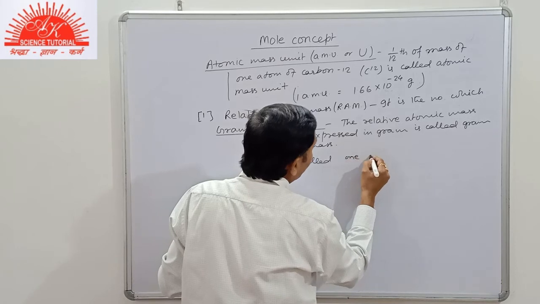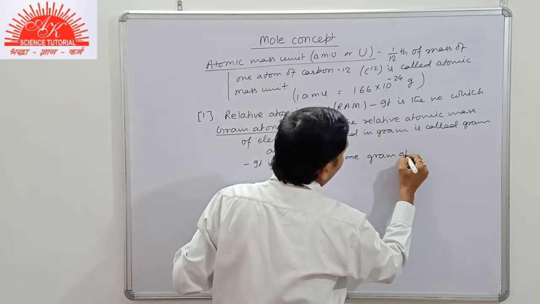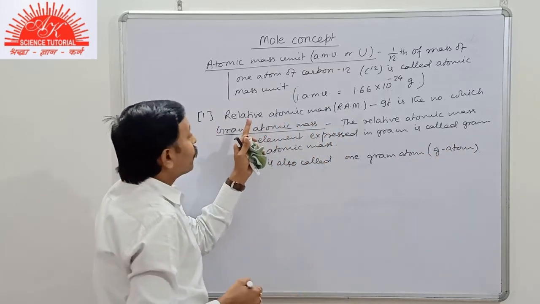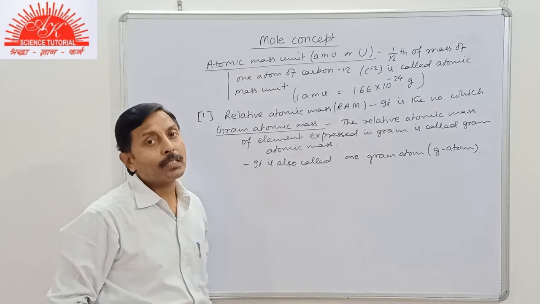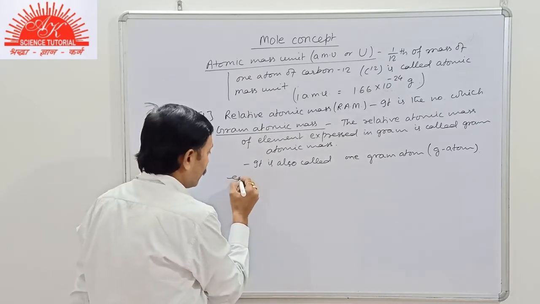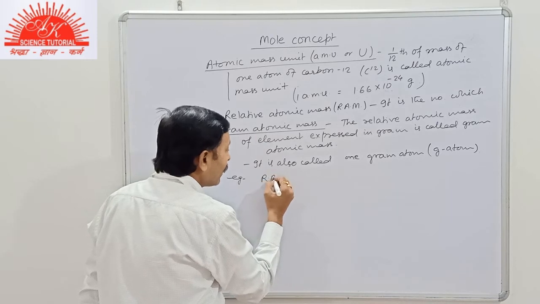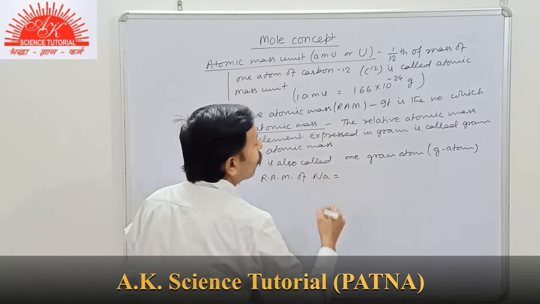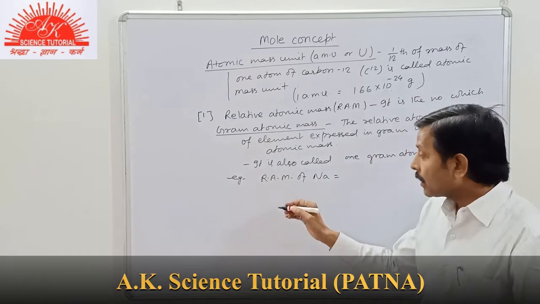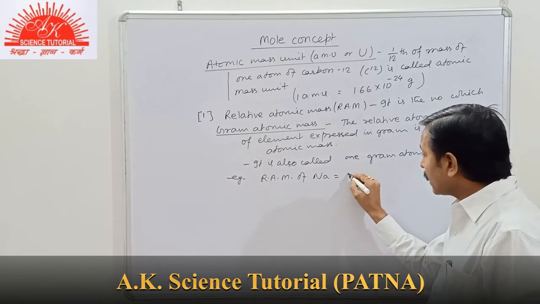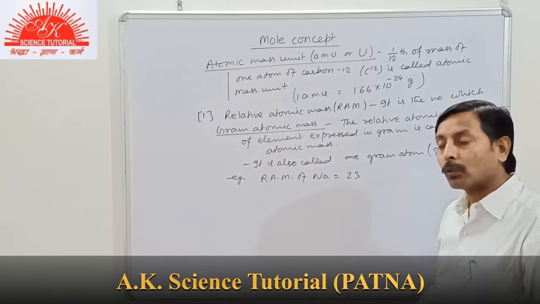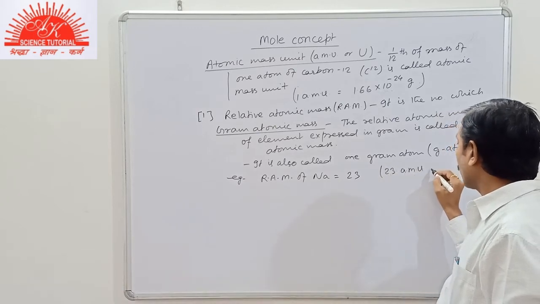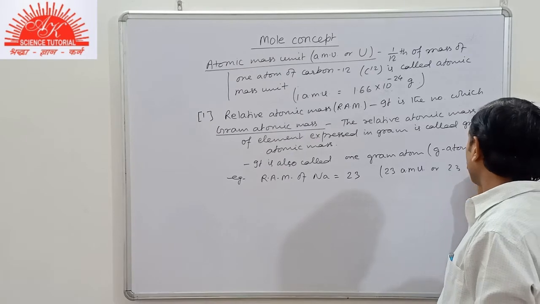one gram atom, that is, G atom. Suppose we compare these three quantities together. For example, the relative atomic mass of sodium, what is it? Since the word is relative, you will write simply 23 without unit, or you write 23 AMU or 23 u.